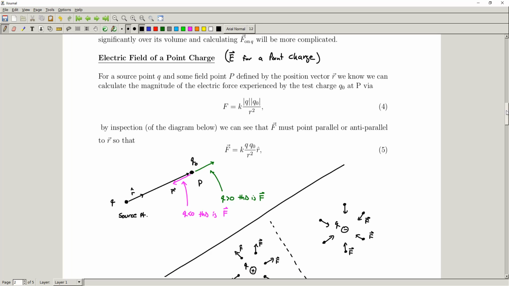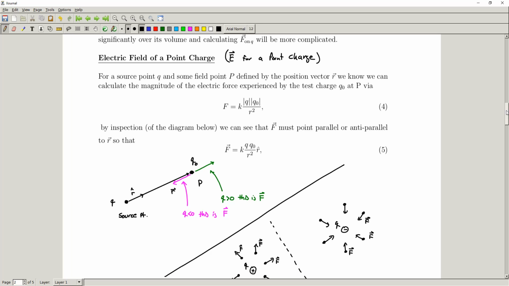Okay, and so the way we're going to do this is we're going to look at some source point Q and some field point P, defined by a position vector that's going to draw a line from our source point Q out to that point P, and we're going to call this position vector R. We want to calculate the magnitude of the electric force experienced by a test charge at that point.